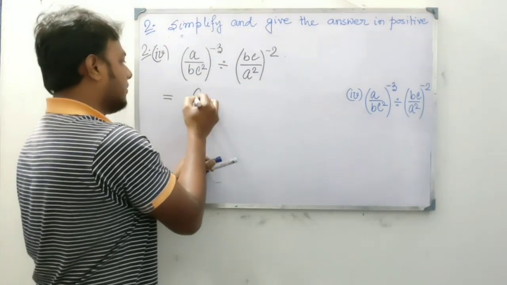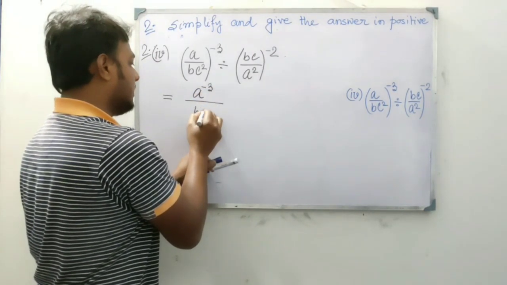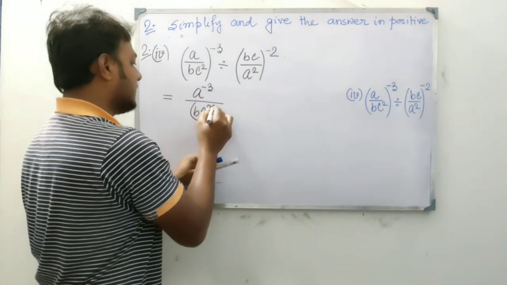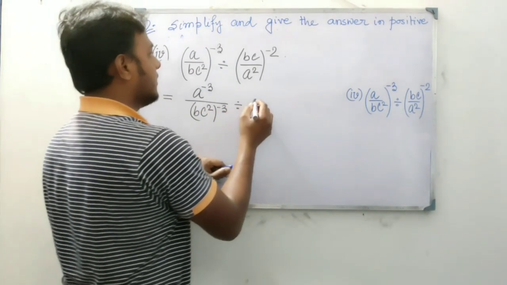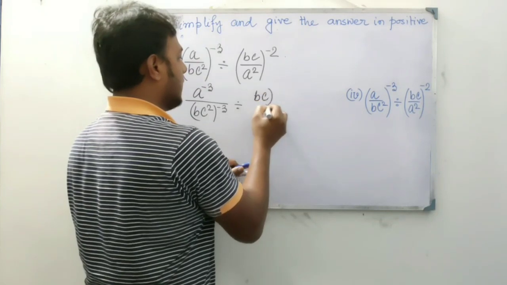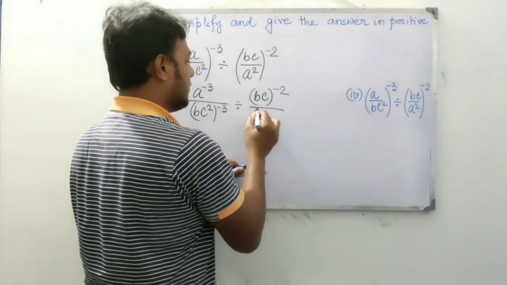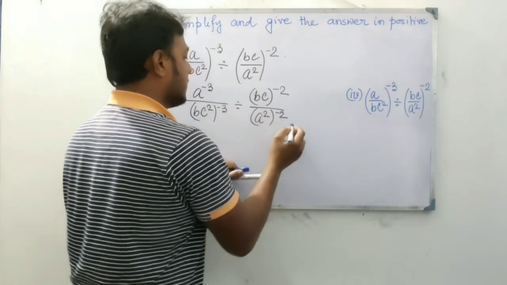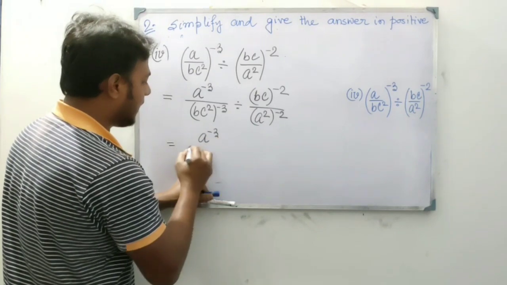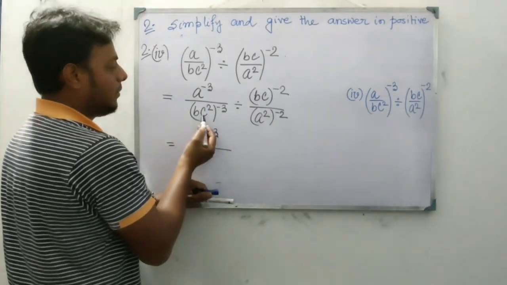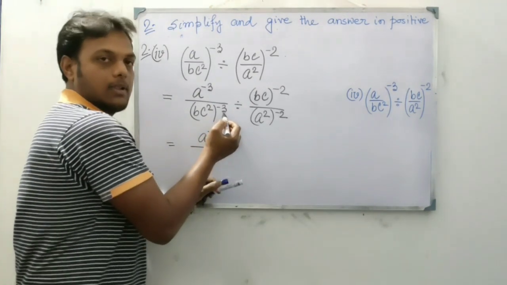So it will become a to the power minus 3 by (bc square) to the power minus 3. Division is there. So (bc) to the power minus 2 by (a square) to the power minus 2. Next step will be a to the power minus 3. Again apply the law of indices. Multiplication form is there, and outside of the first bracket a power is there.